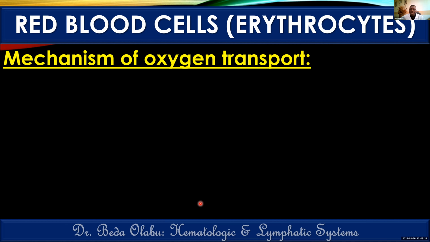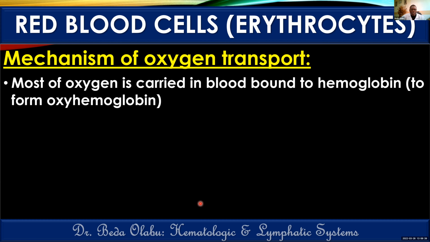So having talked about the structure of hemoglobin, let's now talk about the mechanism of transport of oxygen through the hemoglobin. Most of the oxygen that is carried in blood is bound to hemoglobin, and that forms what we call oxyhemoglobin. We are aware from respiratory physiology that not all the oxygen will be carried through hemoglobin.